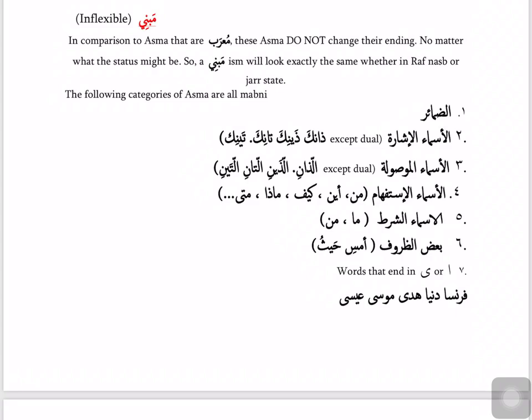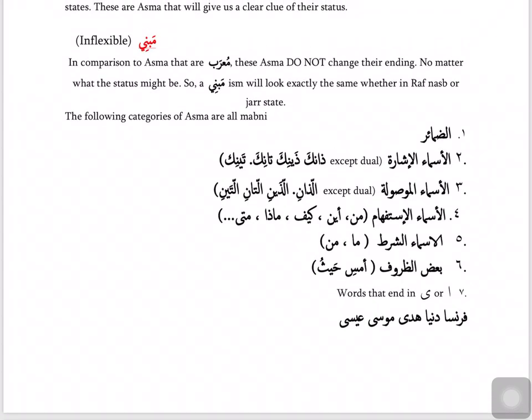So we are talking about the flexibility of an ism, which means will the ism allow its ending to change, or will it never allow its ending to change, meaning its last letter or the end of the word, or will it sometimes allow it to change and sometimes not. Based on that, an ism can be mu'rab, it can be mabni, it can be ghayru munsarif. Mabni, there are 7 ways an ism is mabni.